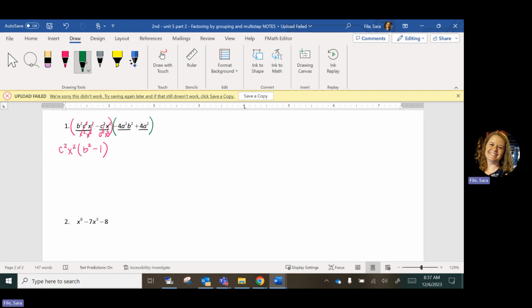Okay, now in green, the lead term is negative, so I know for sure I'm factoring out a negative. Okay, and then what do they both have in common that I can factor out? 4a squared. They both have a coefficient of 4 and they both have an a squared. So the 4's would reduce, the a squareds would reduce. I'd be left with b squared there.